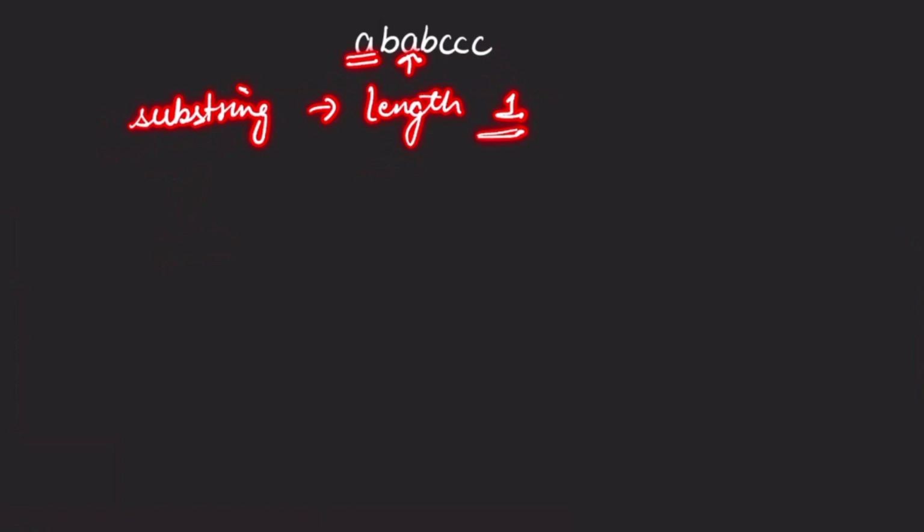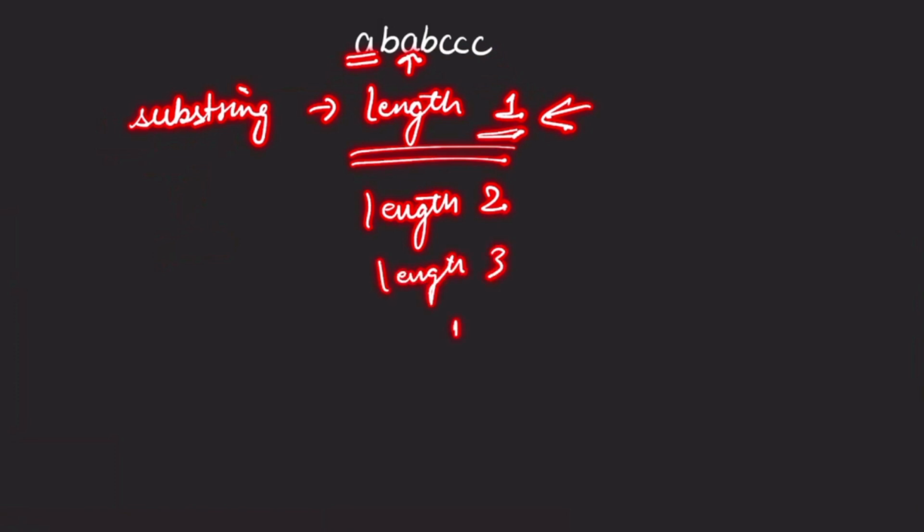So what we'll try to do is that we'll try to split the string into substrings of length 1, and then wherever we cannot do it for length 1, then we'll go for length 2. If for length 2 also it is not possible, there is some duplicate of it present, then we'll try length 3, and so on until we get to the end, right?